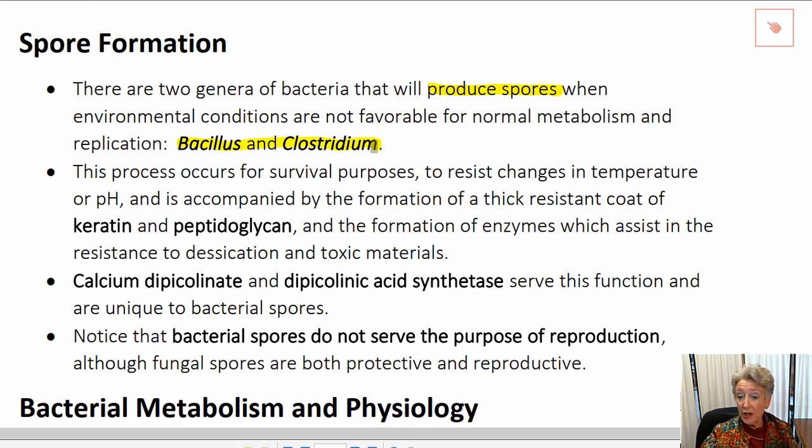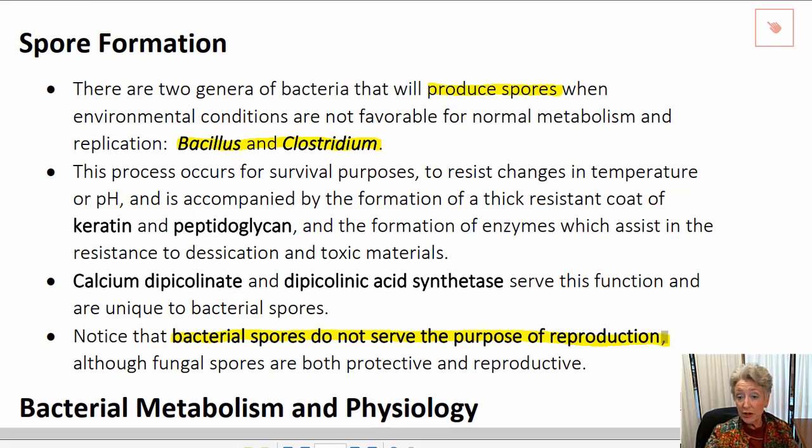I don't think we need to get too obsessive compulsive about what it means to make a spore, but I do want you to remember that bacterial spores do not serve any reproductive purpose at all.